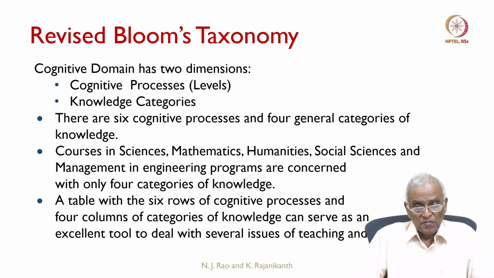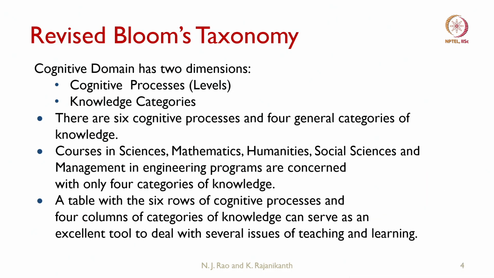Revised Bloom's taxonomy, as we explained, is two-dimensional. It has cognitive processes or cognitive levels, and knowledge categories. There are 6 cognitive processes and 4 general categories of knowledge. Courses in sciences, mathematics, humanities, social sciences, and management in engineering programs are concerned with only 4 categories of knowledge, the way at least we handle them right now.